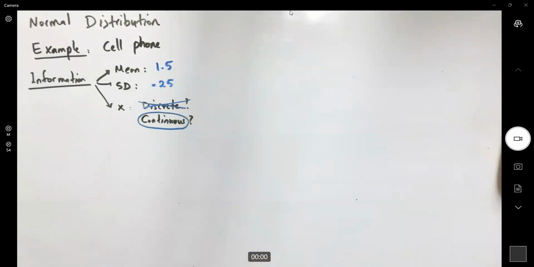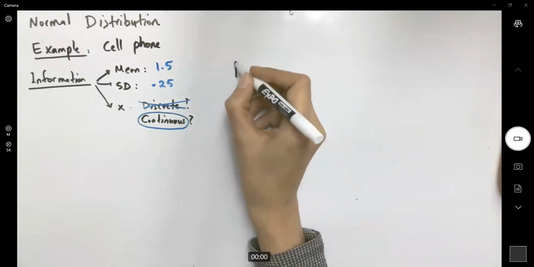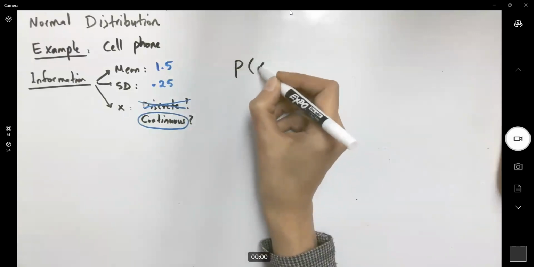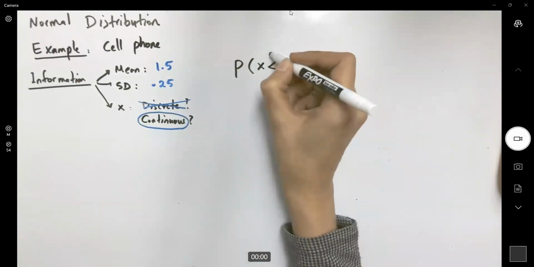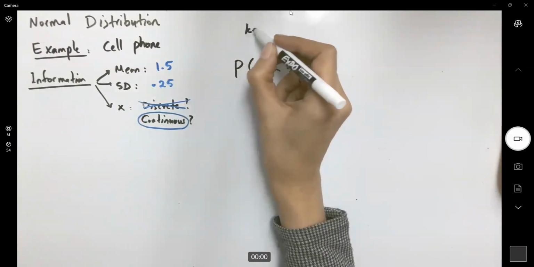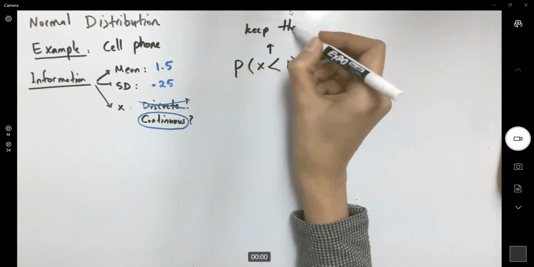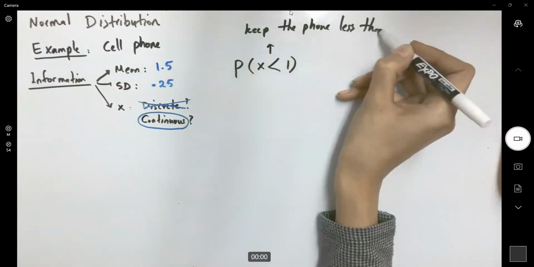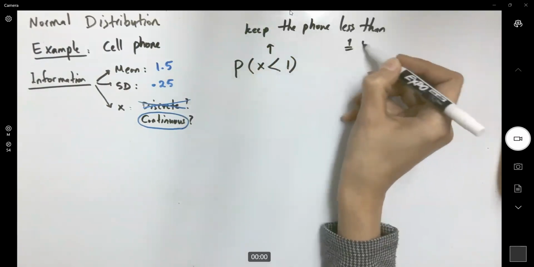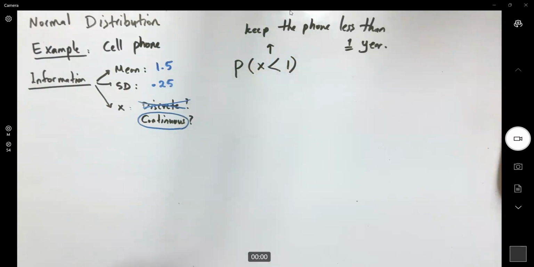So now what type of probability am I looking for? The question says, find the probability that they keep their cell phone less than 1 year. Very good.